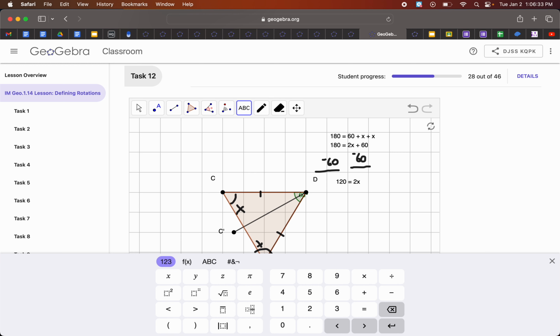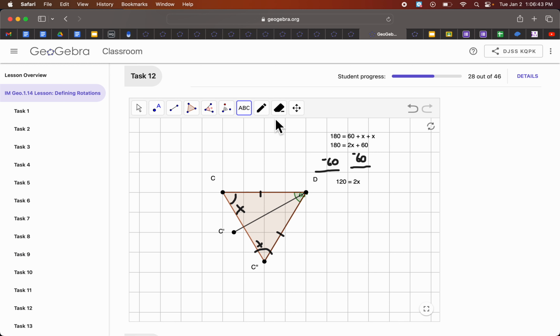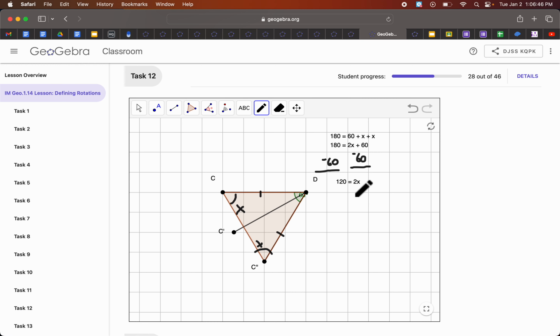Once you subtract the 60 off, you get 120, and you're just left with the 2x. So what do I do here? That's right, I'm going to divide both sides by 2 so that I have just one x left. I have to do the same thing to both sides.